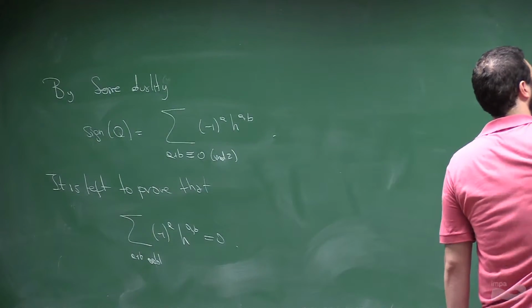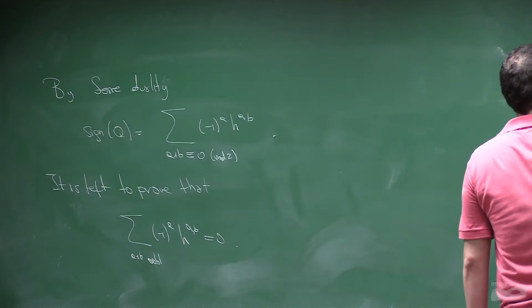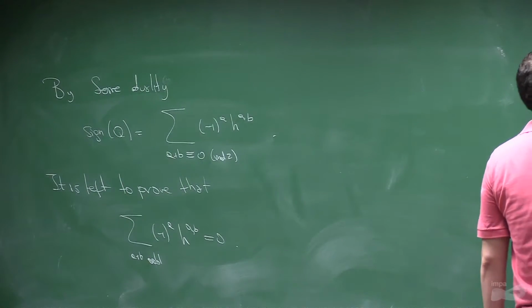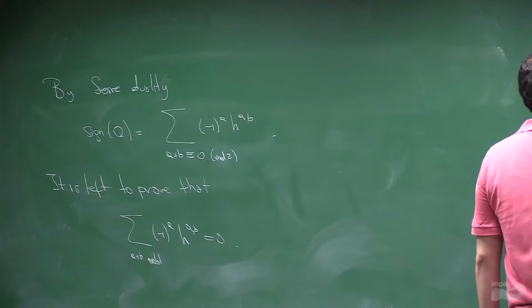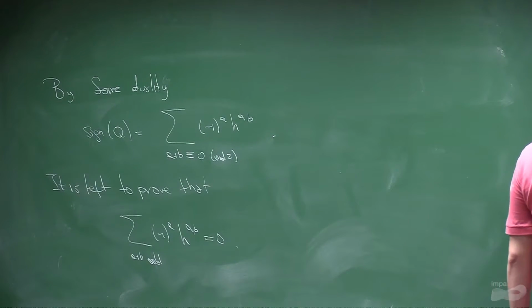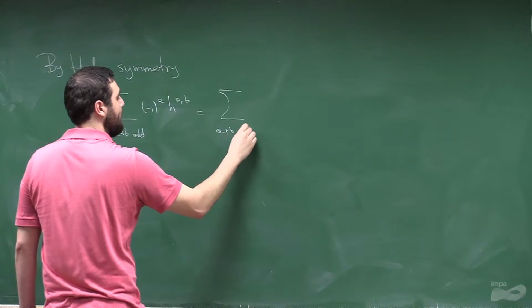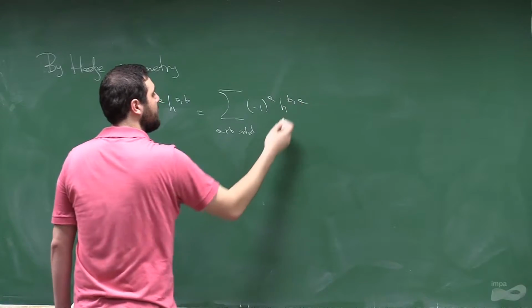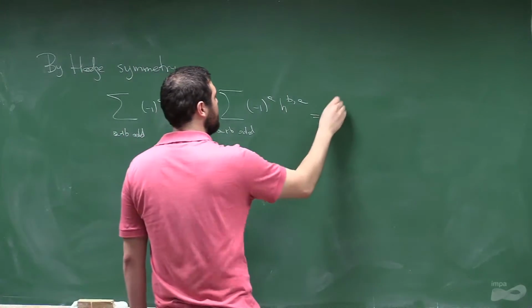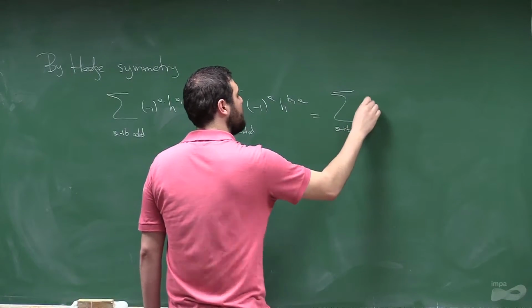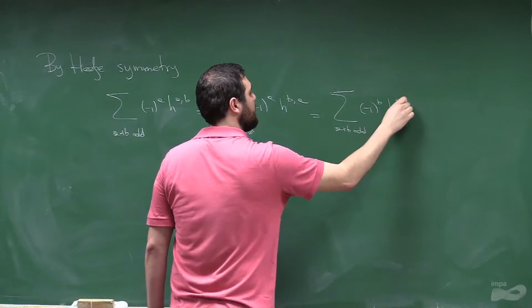by Hodge symmetry, we have that this sum, a plus b odd, of (-1)^a h^{a,b} is equal to the sum a plus b odd of (-1)^a h^{b,a}, and if we relabel this, it will be the sum of a plus b odd of (-1)^b h^{a,b}, right?